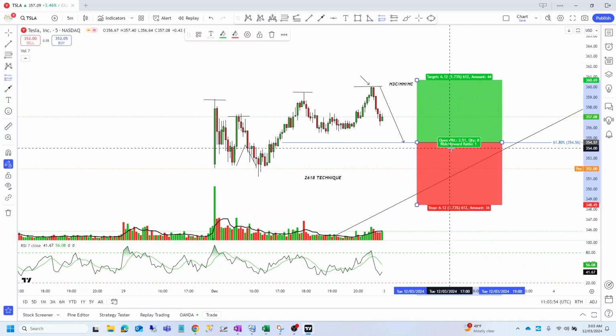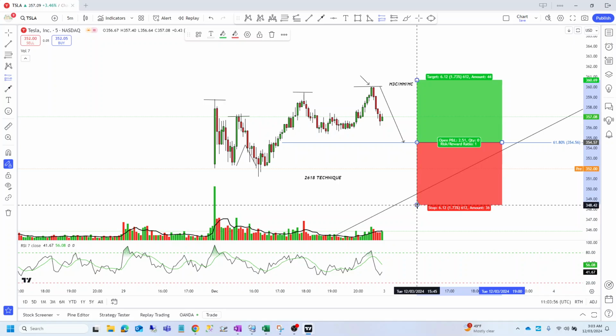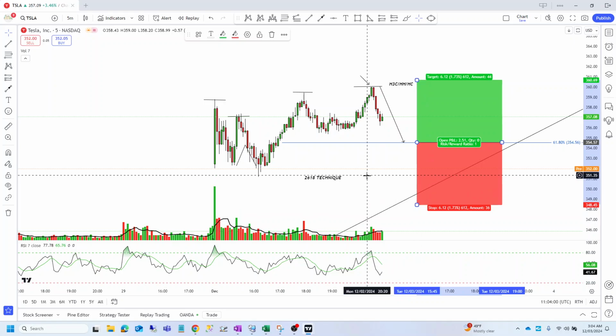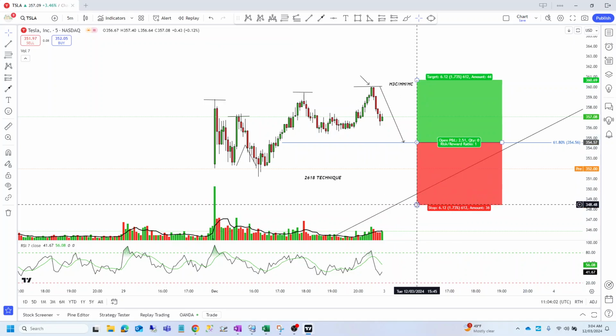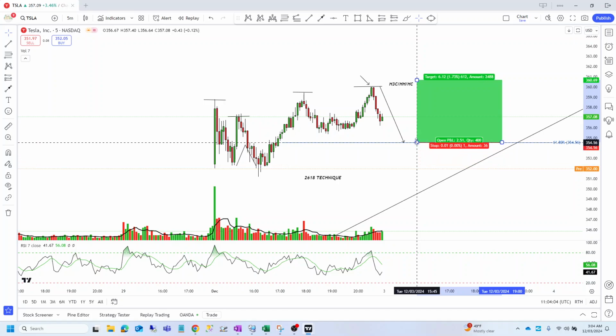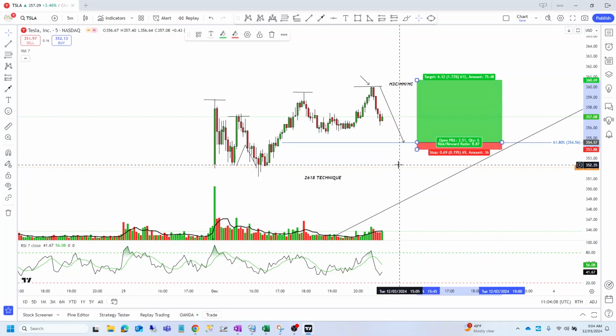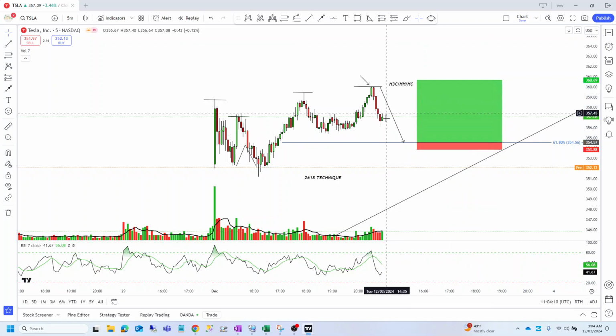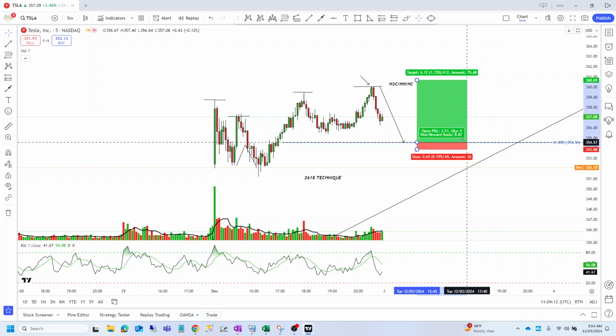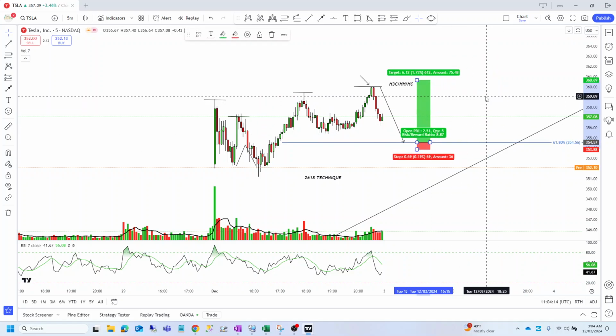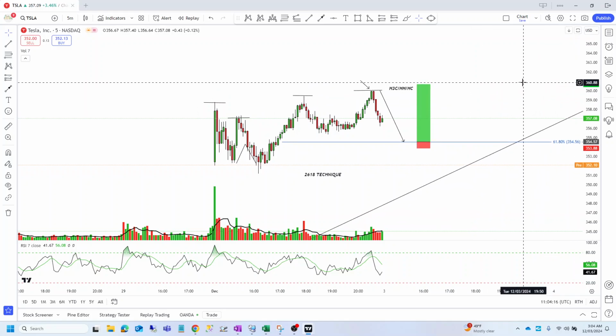Now he wouldn't just do a 1-to-1. The trader would probably be a little conservative on his target and his stop, and basically just push his stop a few ticks below his entry, and be okay if price action continues to push down, stopping out. But his opportunity, at first glance, would look like that.